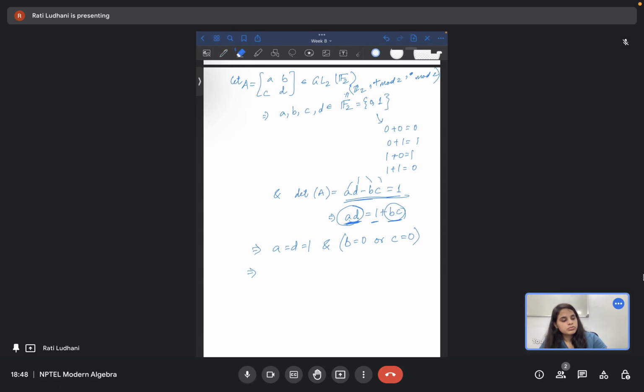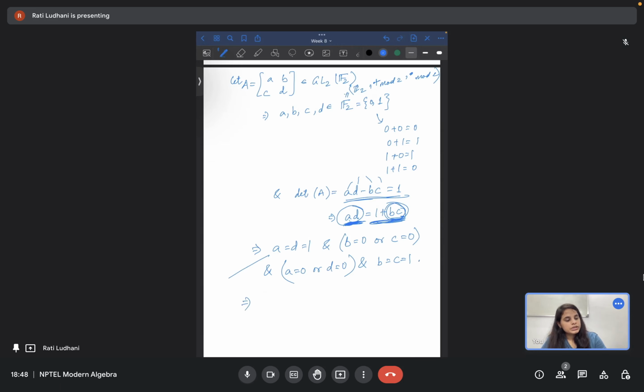And what is the other option? If this value is 0, that means either A is equal to 0 or D is equal to 0. And if this multiplication is 0, this part should be 0 too. So BC should be 1, so B is equal to C is equal to 1. That is the only possibility.